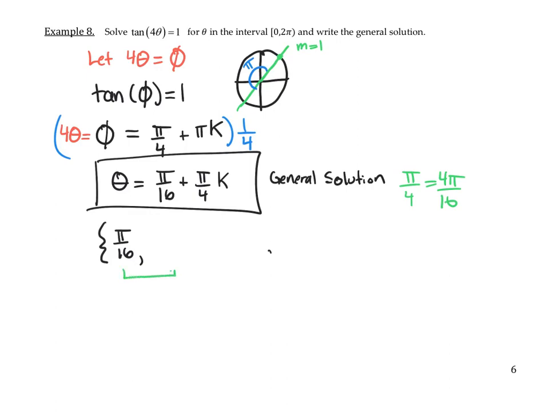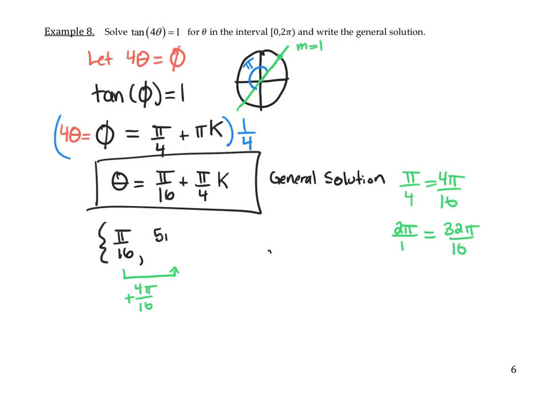I'm going to keep on doing this so long as I haven't left 2 pi, and 2 pi over 1 is the same thing as 32 pi over 16. So I just don't want to go over 32 sixteenths.